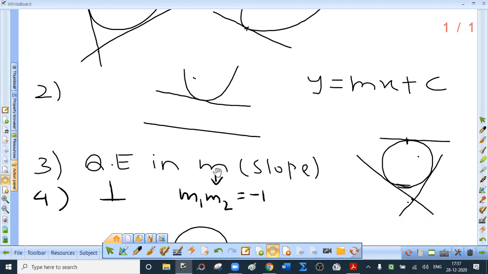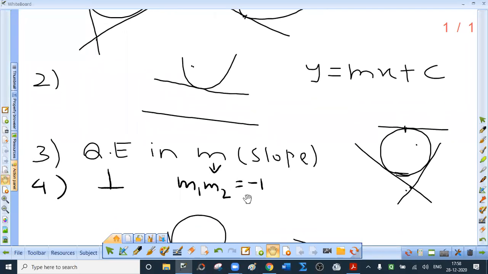If roots are real and distinct, yes, two distinct tangents can be drawn. If roots are real and equal, only one tangent can be drawn. If roots are imaginary, no real tangent can be drawn. Use common sense. The point has to lie inside the curve, then only it is not possible to draw a tangent.